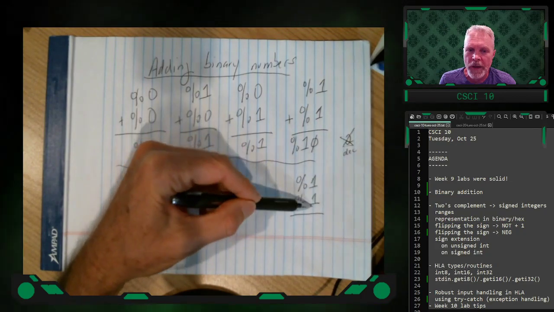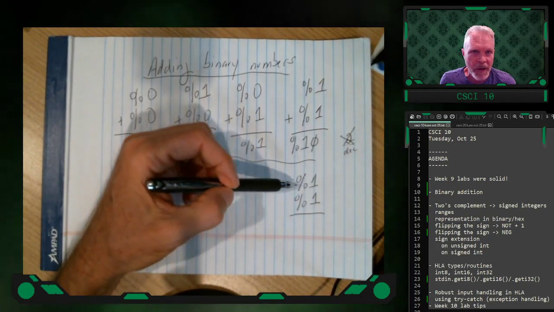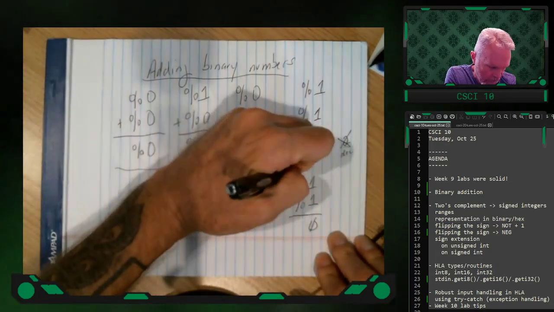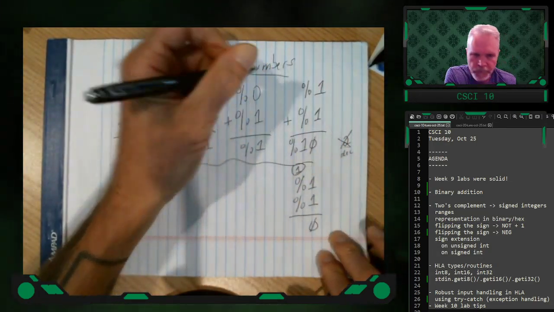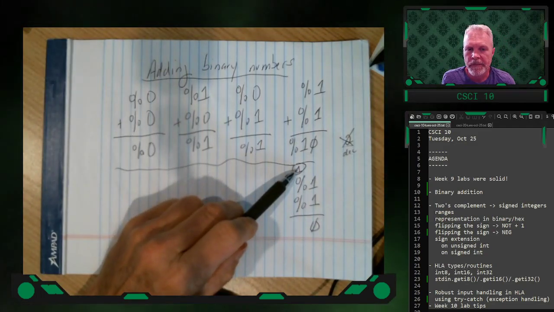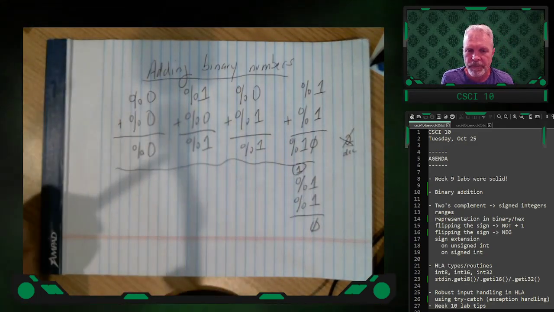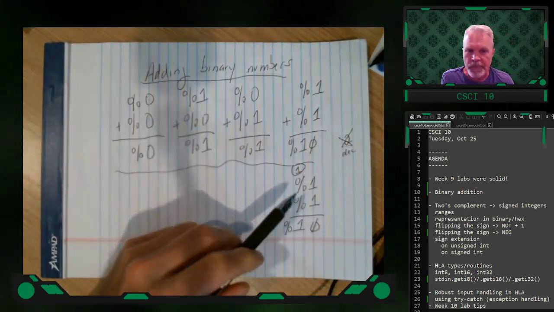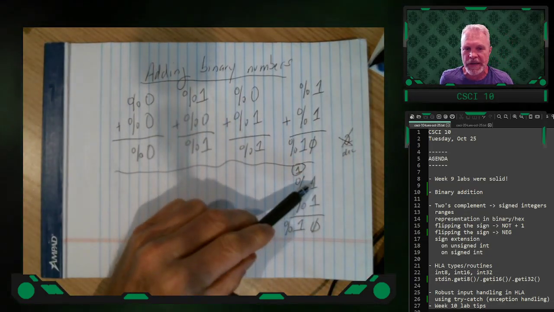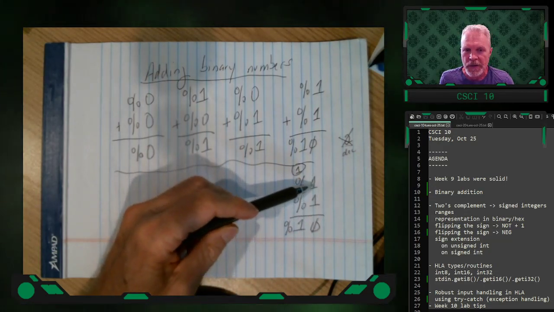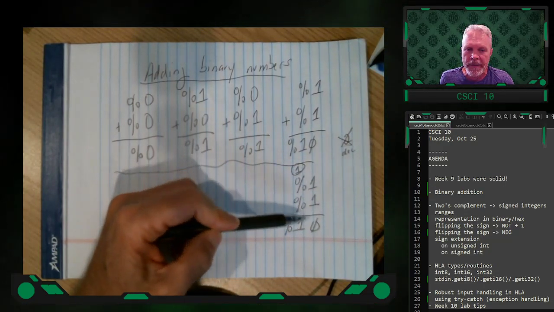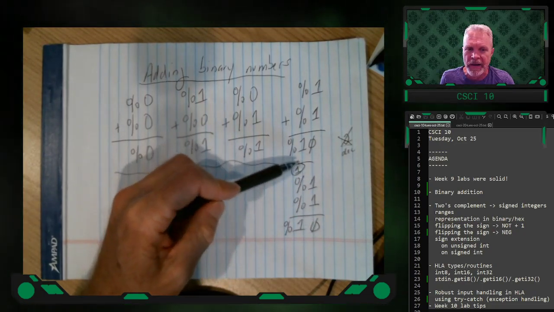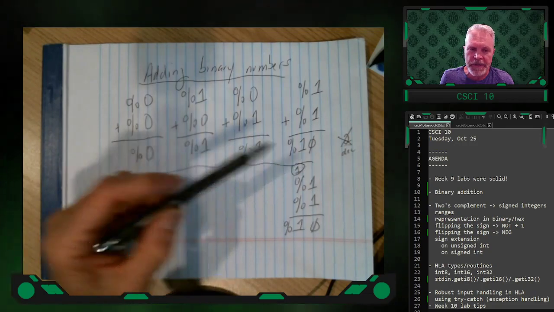So 1 plus 1 is 0, carry a 1. And in this case, we're just at the end of the problem. Remembering how you did carry math, 1 plus 1 is 0, carry 1, is very, very useful for doing binary math, so that you remember to deal with this carry.